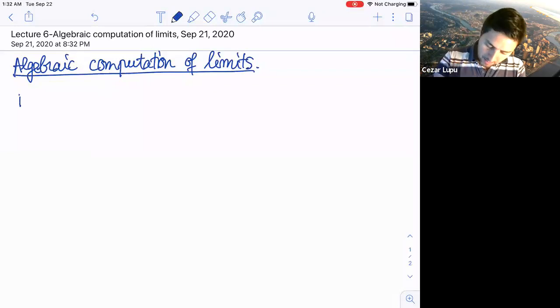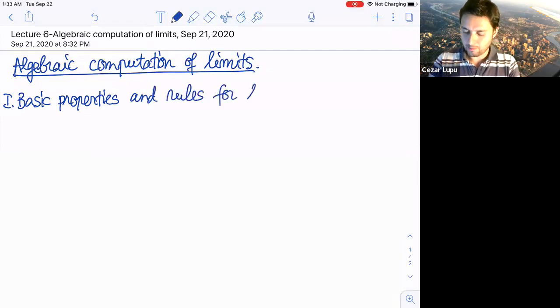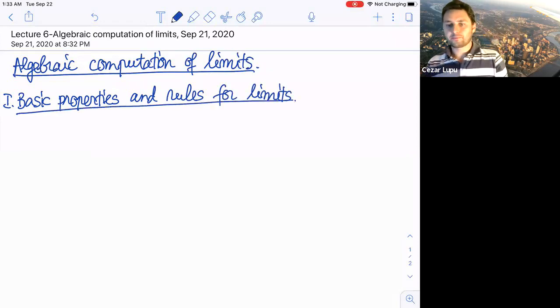So basic properties. The first thing we need to start with is basic properties and rules for limits. All right, so let's start with this.